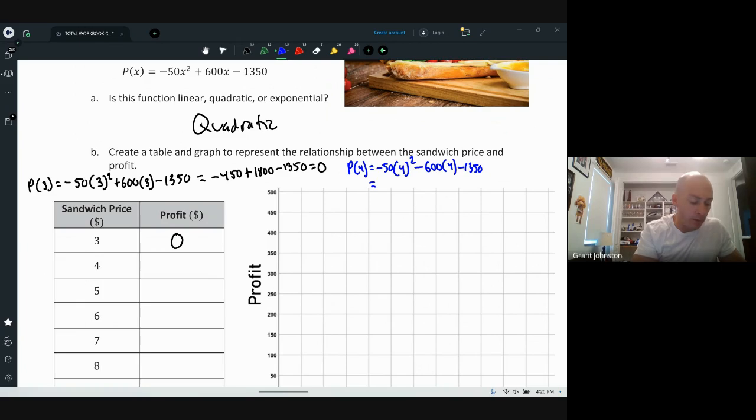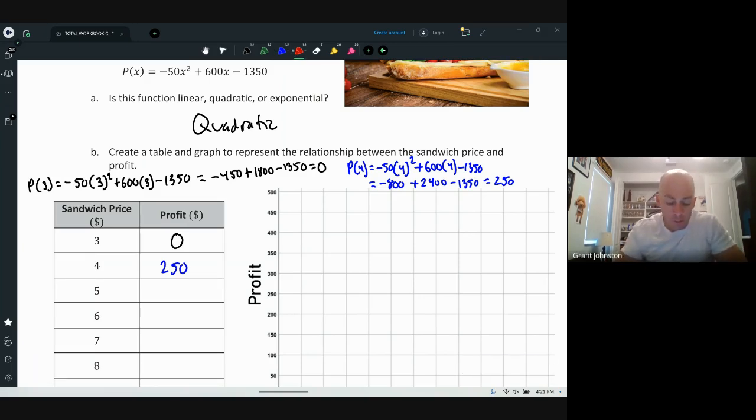Negative 50 times 16 is negative 800. Whoops, that's a plus. 600 times 4, that'd be 2,400. Okay, let me do that math. I got 250 there.